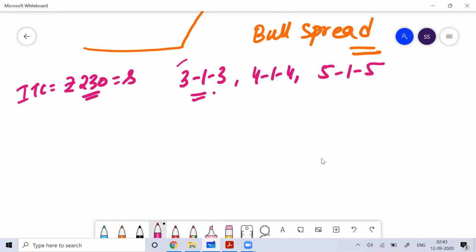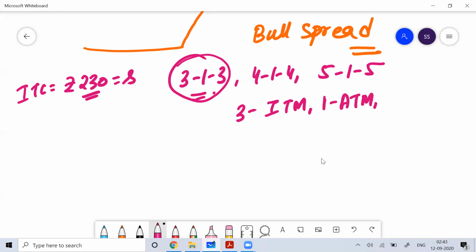Suppose they are in the form of 313, it means you will get three in the money strike prices, one at the money strike price, and three out of the money strike prices. Like that, it can be 414 or 515.